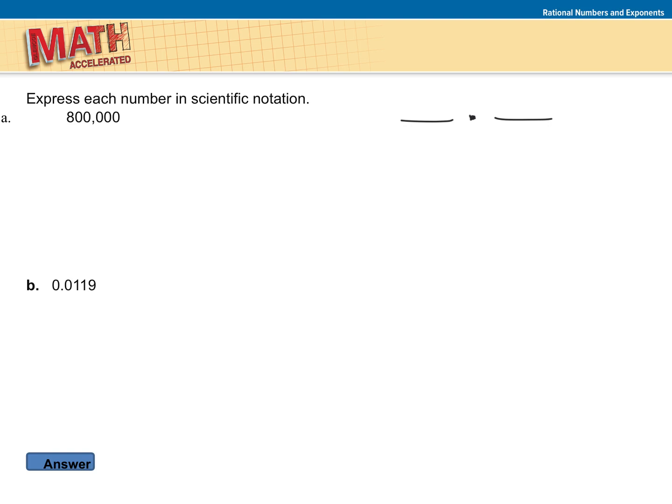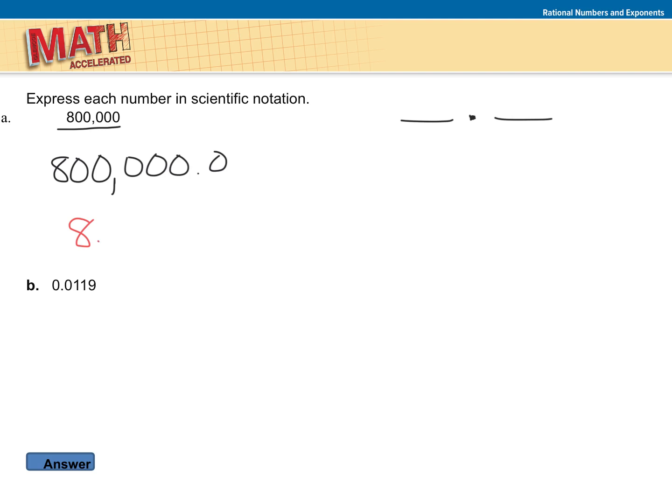So, how can I write this number as a decimal, as it is right now? 8. As it is right now, it would be 800,000.0, right? So to write it in scientific notation, what is my first whole number value? 8. Do I have any other whole numbers?